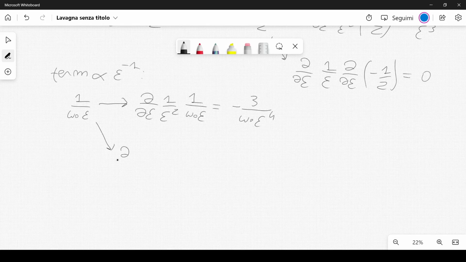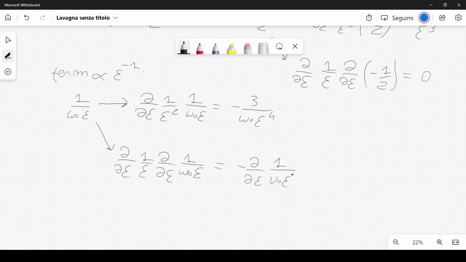So we have d over d epsilon of 1 over epsilon times 1 over omega 0 epsilon. This is equal to minus the derivative with respect to epsilon of 1 over omega 0 epsilon cubed. Here you're going to get 3 divided by omega 0 epsilon to the fourth. Now this is not good.